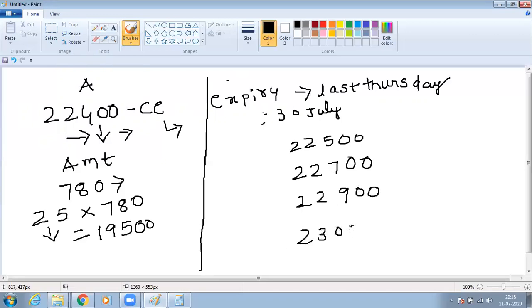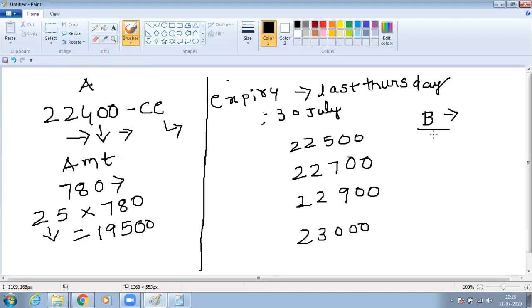23,000. Okay, so when you buy the 22,400 call option, the meaning is, there will be one more person called B. He is going to sell the 22,400 call option.